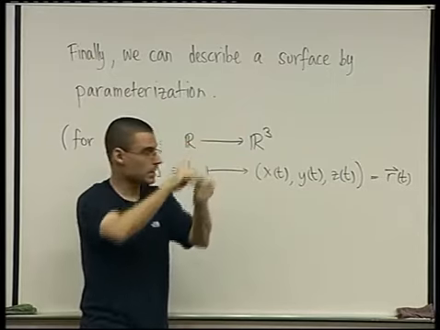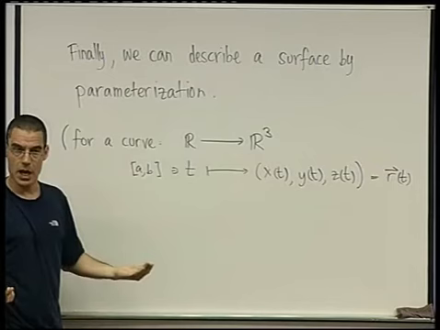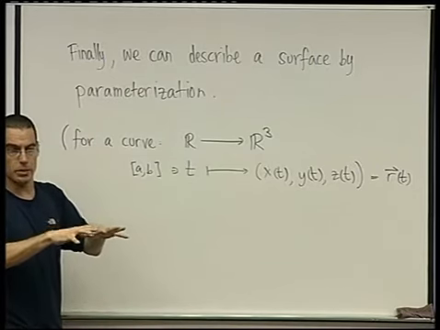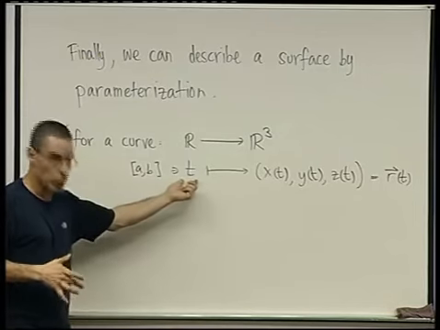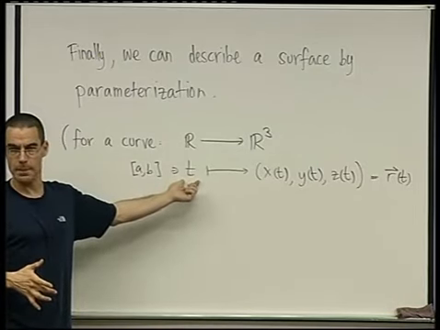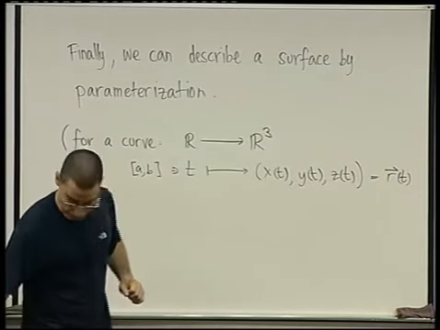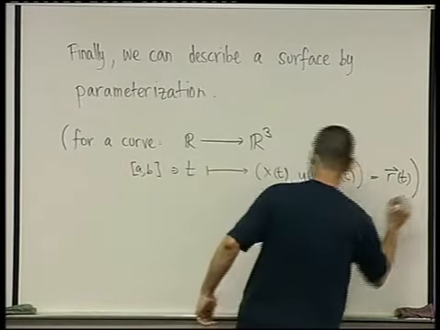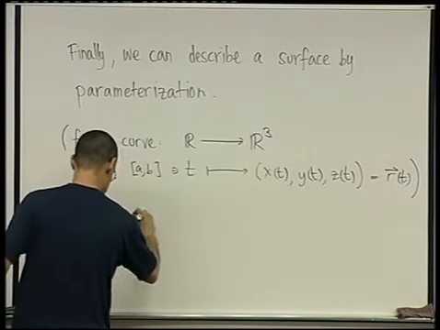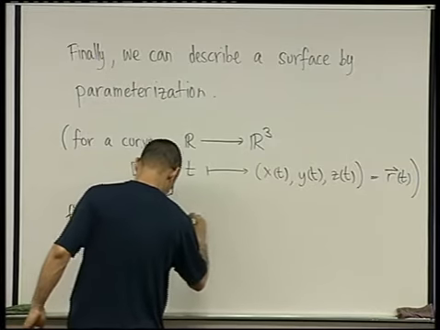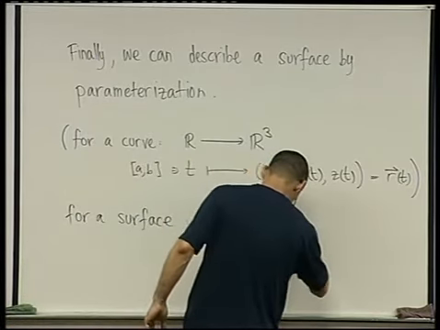How are we going to parameterize a surface? A surface is a two-dimensional object. So in order to parameterize it, we're going to need two parameters. And what we want to do is, for a surface, think pizza.